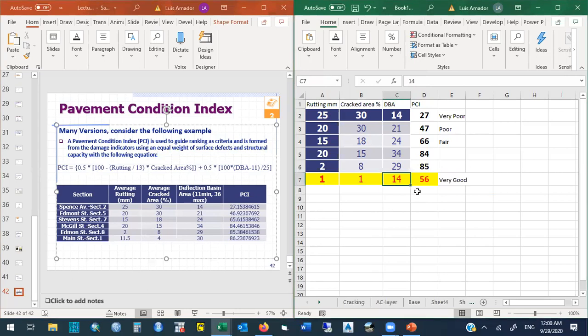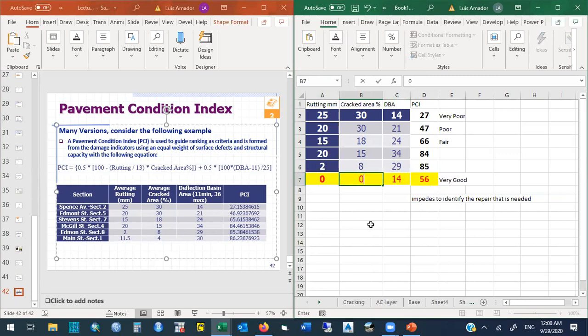So this impedes identifying the repair that is needed. Because if you are in this circumstance, you can see the DBA and you know you need to do some structural intervention. On the surface, the pavement looks brand new. No rutting and no crack.